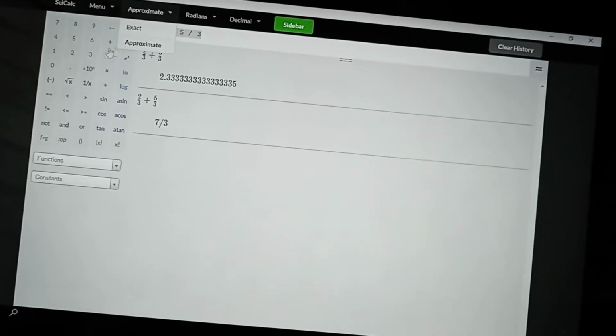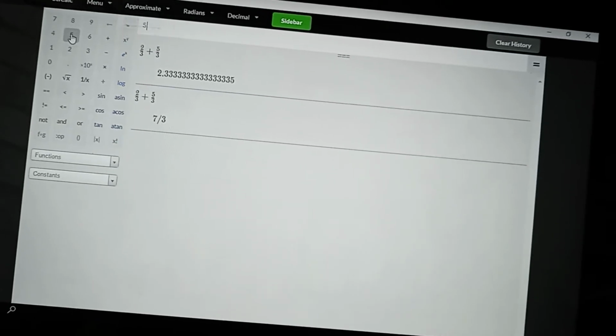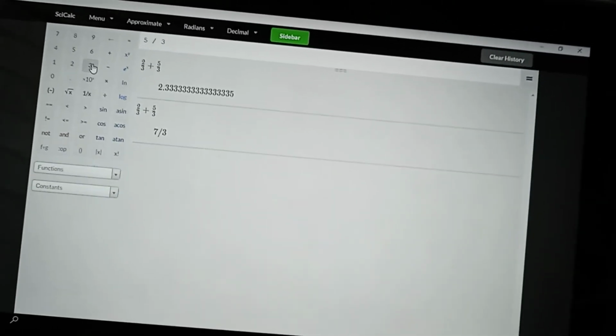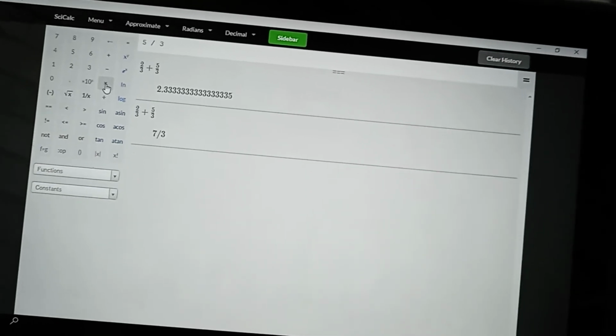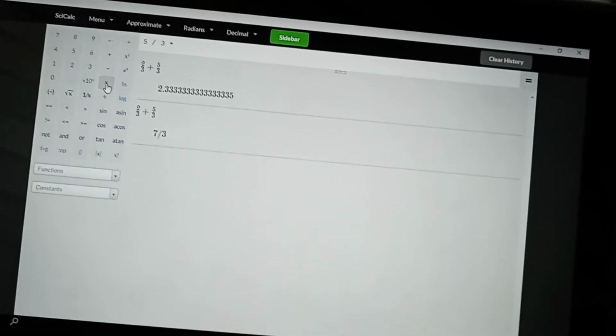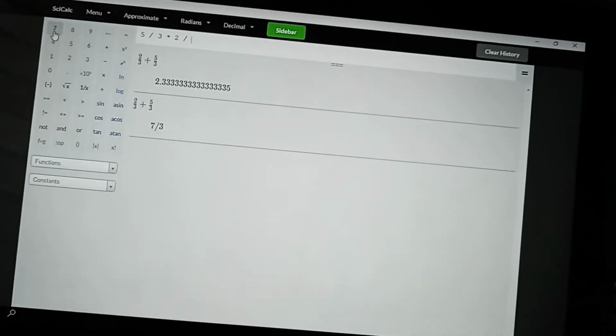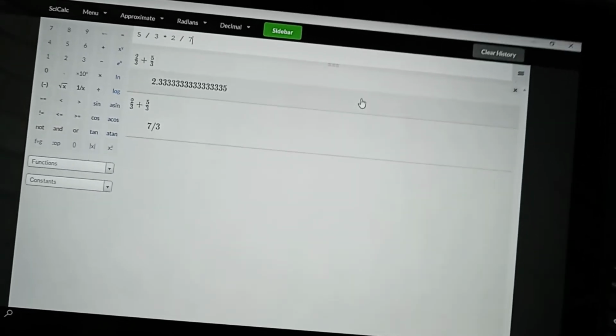Okay, you could also multiply, like for example 5/3, and I'm talking about fractions, times 2/7. What is the answer?